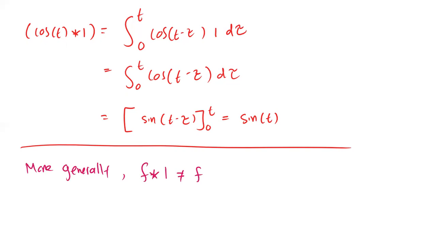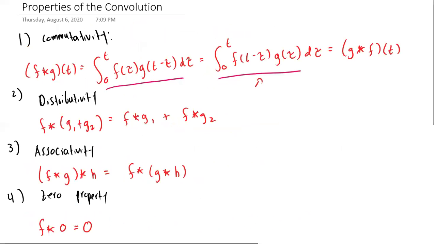Here I gave you one example, and almost always it's not going to be the same. So it behaves a lot like multiplication, but not entirely, and here's an example of why it doesn't behave exactly like multiplication. So that's the convolution. Again, it's a very simplified view of what a convolution is.